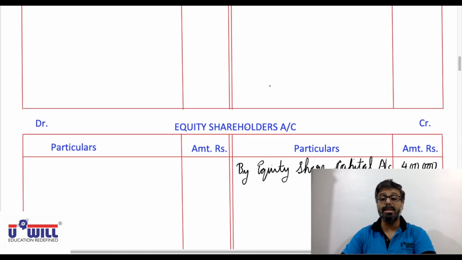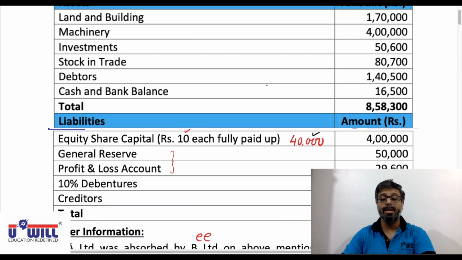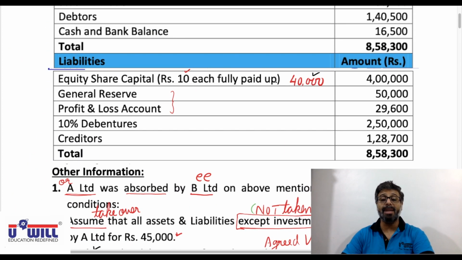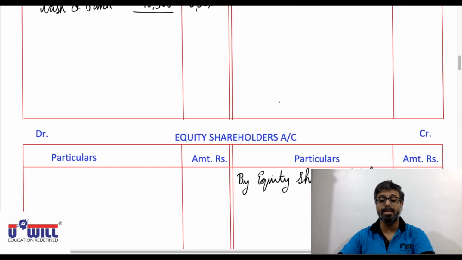Next, reserves and surplus account debit to equity shareholders. Preference shares we don't have, okay? Otherwise the entry is preference share capital to preference shareholders, but we don't have preference share capital. So reserves and surplus account debit means general reserve account debit 50,000, profit and loss account debit 29,600 to equity shareholders account.